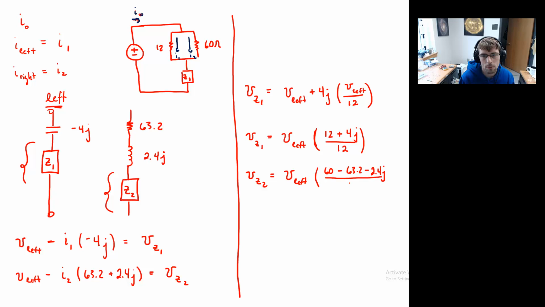That entire rigmarole is going to be over 60. Cool, huh? Of course, you could simplify that a little bit. This would be V left, negative 3.2 minus 2.4J over 60.